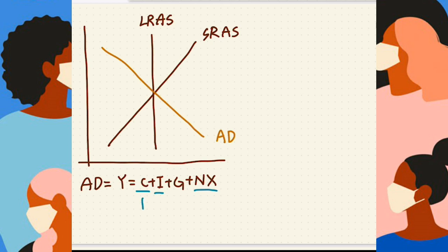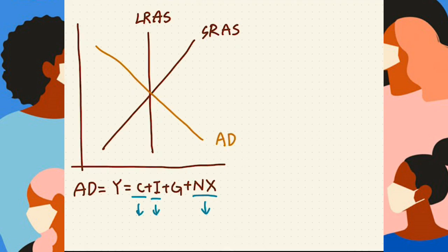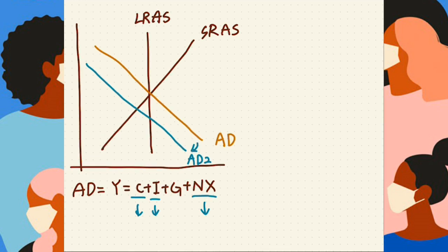Same reason for investments, and net exports are also affected by the pandemic. So, while these factors are falling, the aggregate demand will shift to the left, and the real GDP will fall. Therefore, now the government will do something to save our economy.